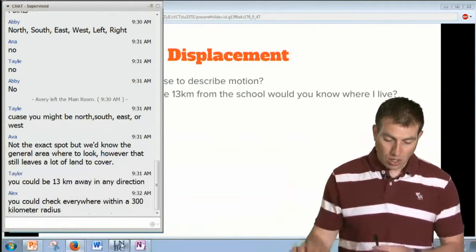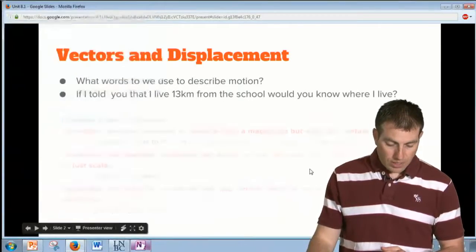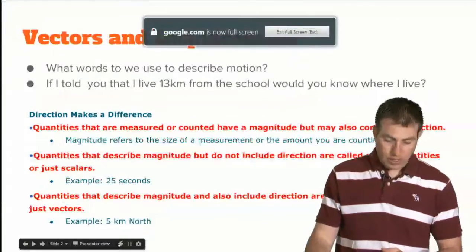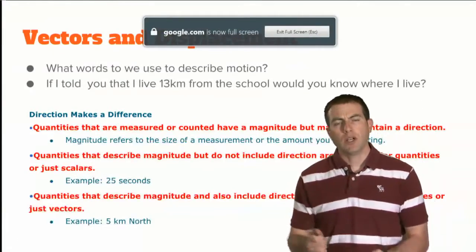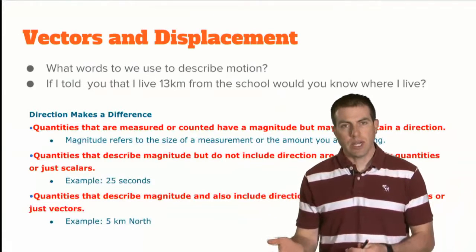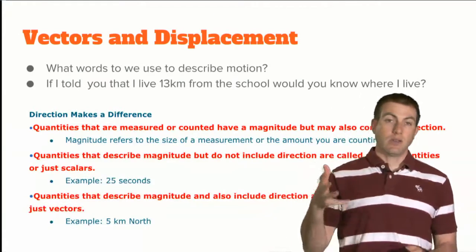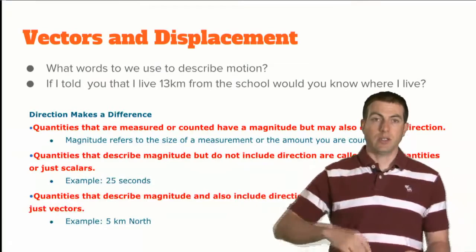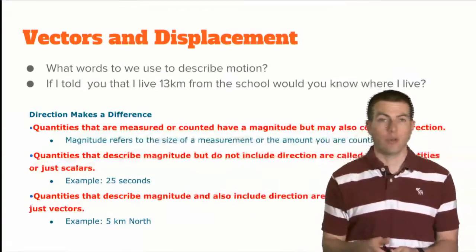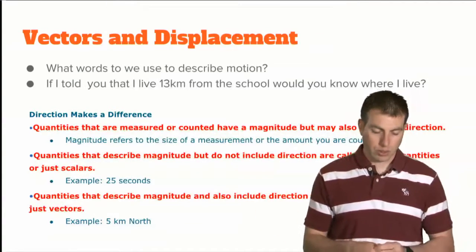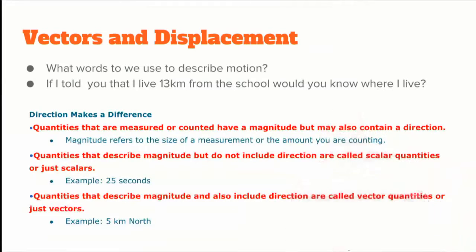So we're going to talk a lot about it today and over the next few days. When we talk about giving someone directions, we need to give them a distance and then a direction. 13 kilometers to the north, or 13 kilometers along this road, things like that. So direction makes a big difference.